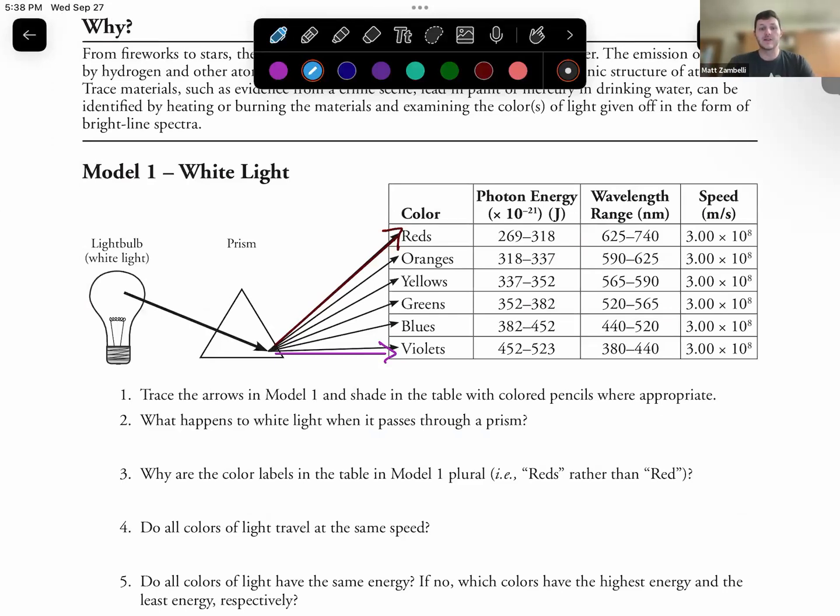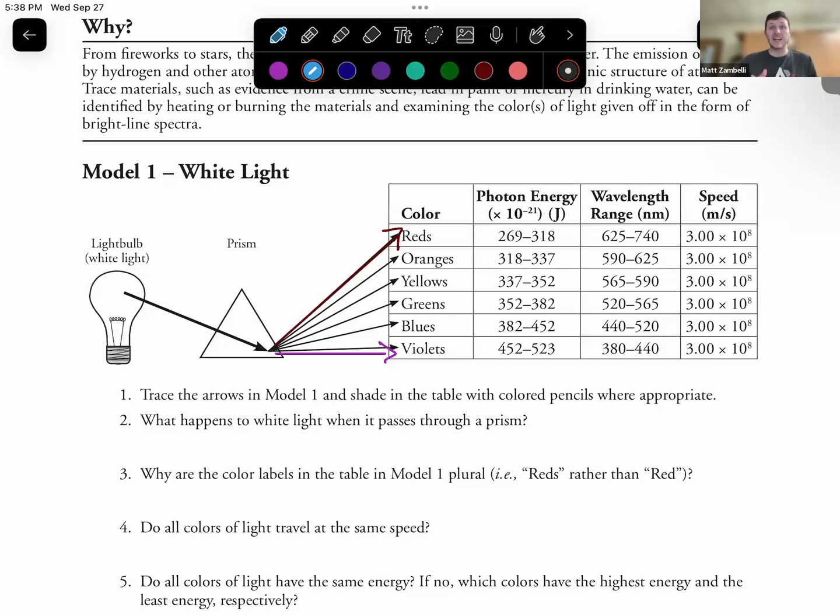Question 2 says, what happens as light passes through the prism? We see that white light separates and turns into all of the different colors. So we see every single color, not just white light anymore.